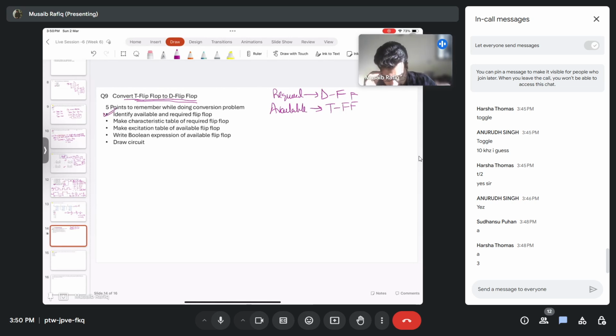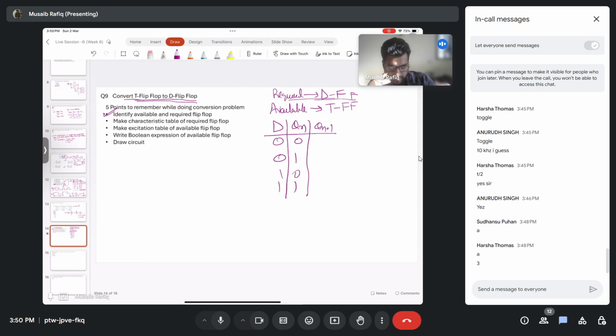Now we have to make the characteristic table of the required flip-flop, that is, the characteristic table of the D flip-flop. So I have D here and Qn, and here I will write Qn plus 1. The rows are 0 0, 0 1, 1 0, 1 1.